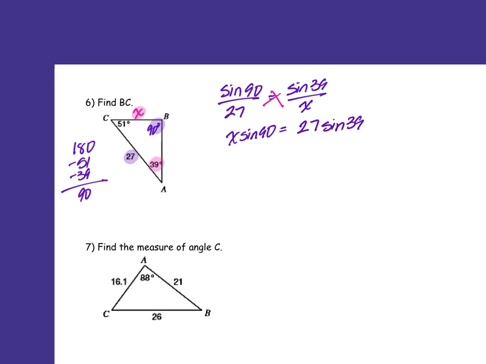And then I want x by itself, and it's x times sine of 90. So the opposite of times is divide.